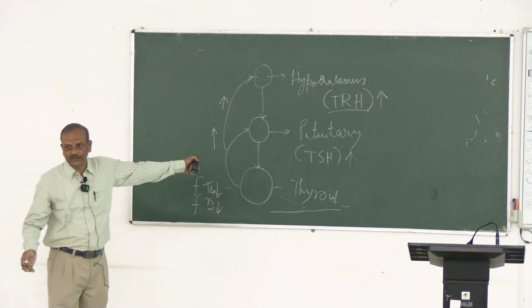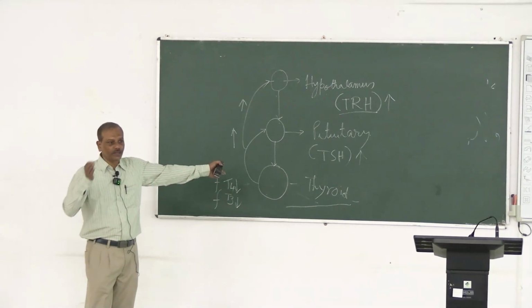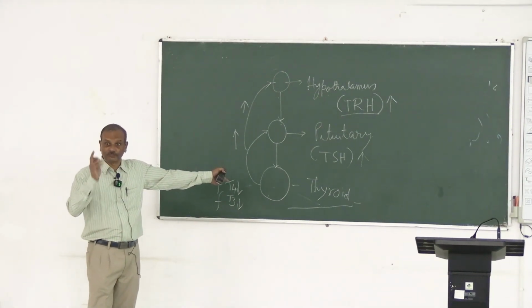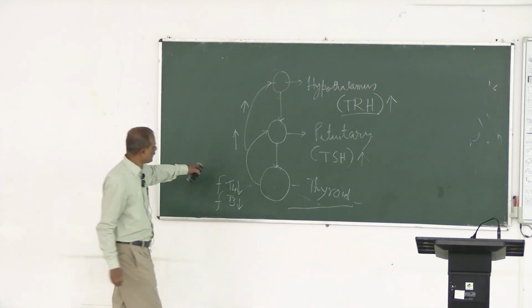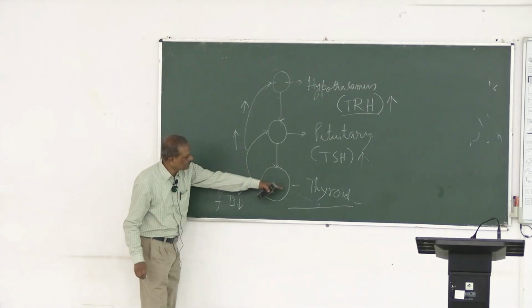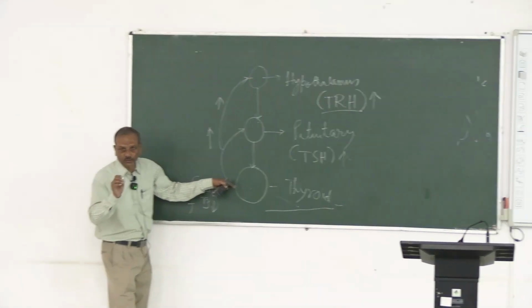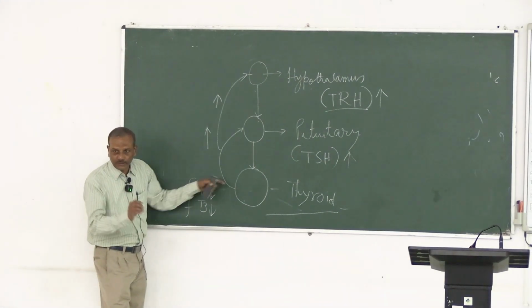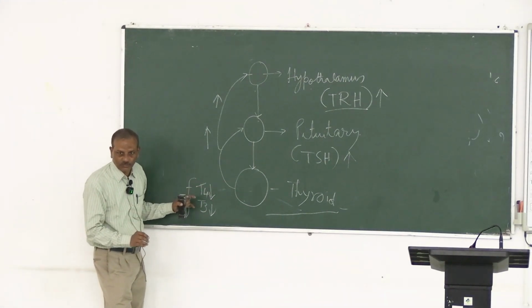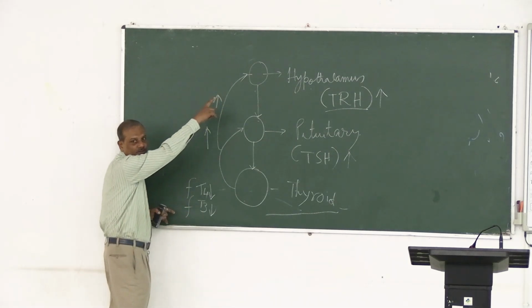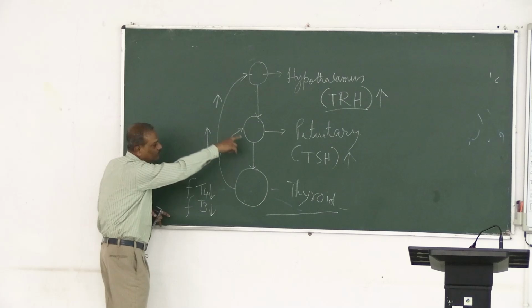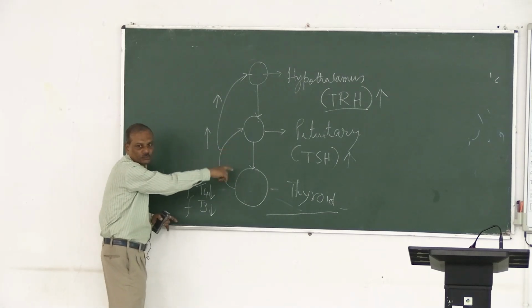You see the regulatory step, and only when this compensatory mechanism fails will the disease occur. So when, due to thyroid gland damage from any cause, T3 production is less than normal, it will stimulate the hypothalamus and the pituitary, and more TSH will be produced.